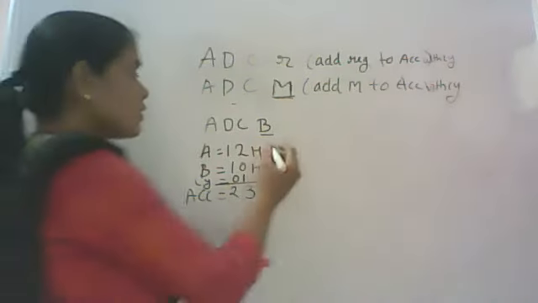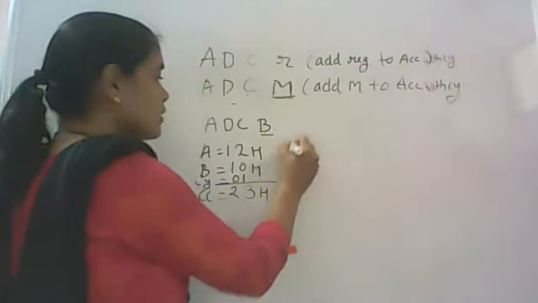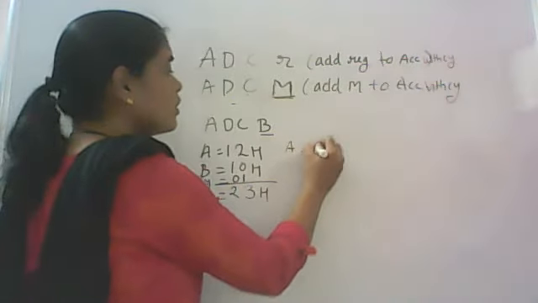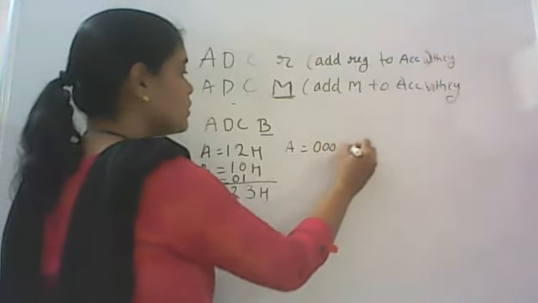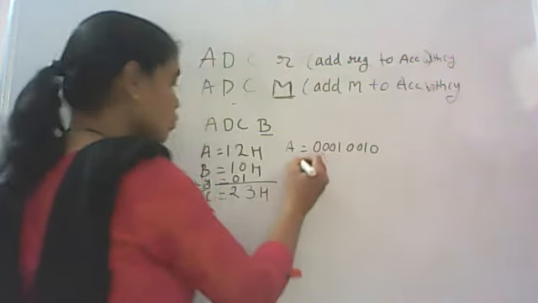How to solve this instruction? Using the BCD number, A equals 0001 0010, that is 12.